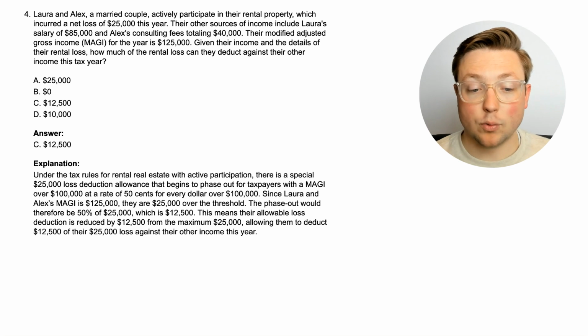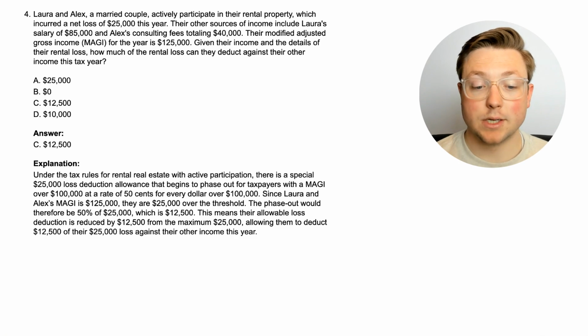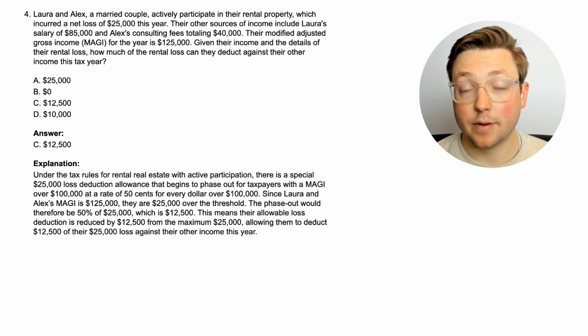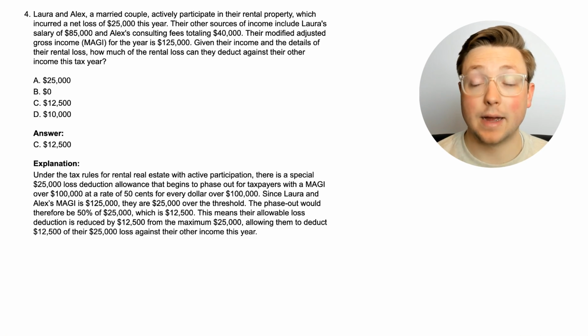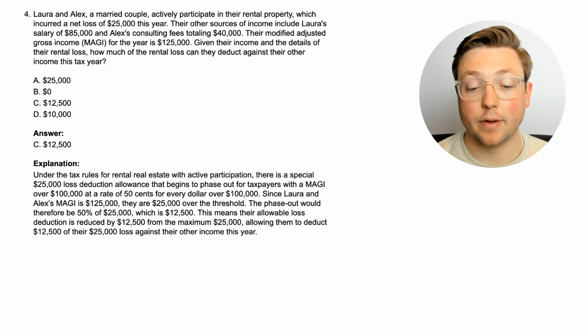And so the phase out would therefore be 50% of the $25,000, which is $12,500. This means their allowable loss deduction is reduced by $12,500 from the maximum $25,000, allowing them to deduct $12,500 of their $25,000 loss against their other income this year.